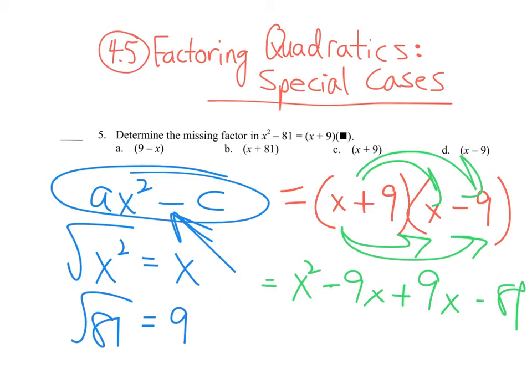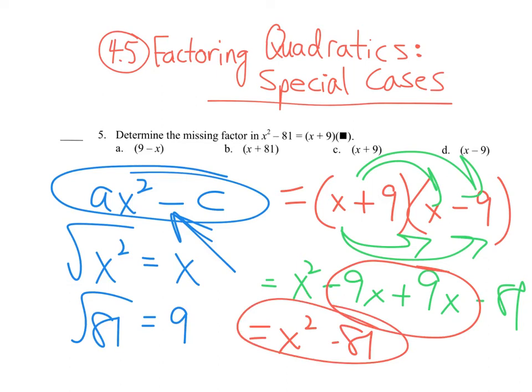And notice by having plus 9 and minus 9 in the binomials, it allows the middle term to cancel and become 0, leaving us with the standard form of x squared minus 81, and thus the difference of squares. So back to the original question, determine the missing factor. We have an x plus 9, so we're missing an x minus 9, which is choice D.